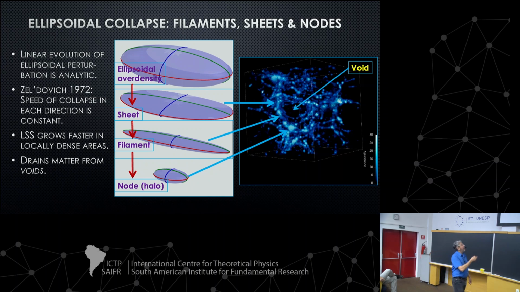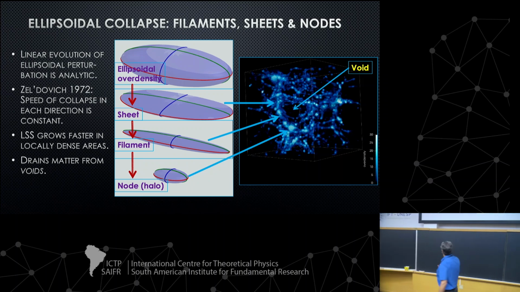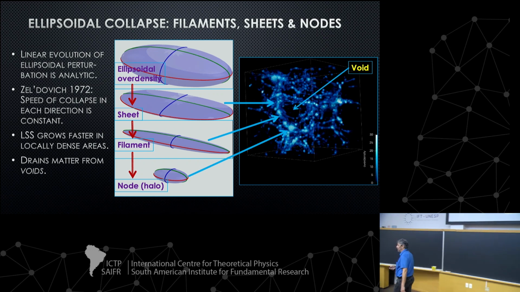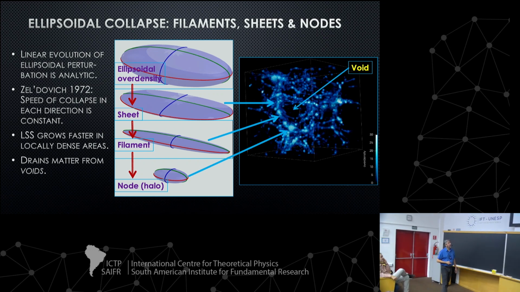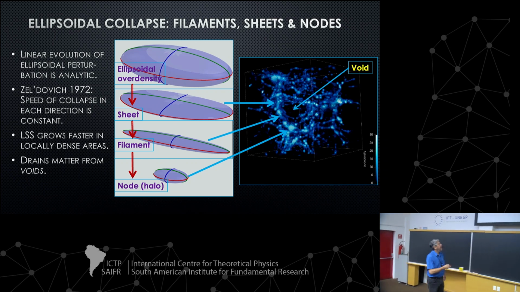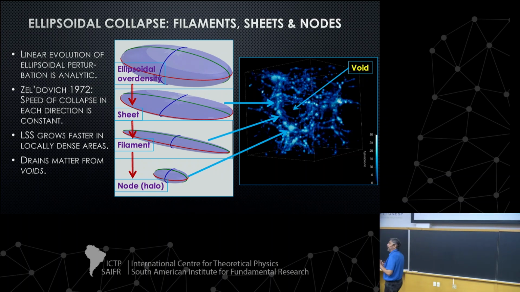So what's going to happen to an ellipsoidal overdensity? This was worked out by quite possibly the greatest cosmologist of all time, Yakov Zeldovich. What he proved through a lot of math is that the speed of collapse in each direction is roughly the same.